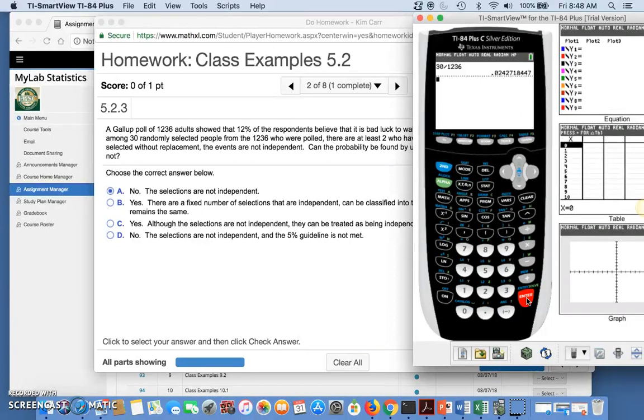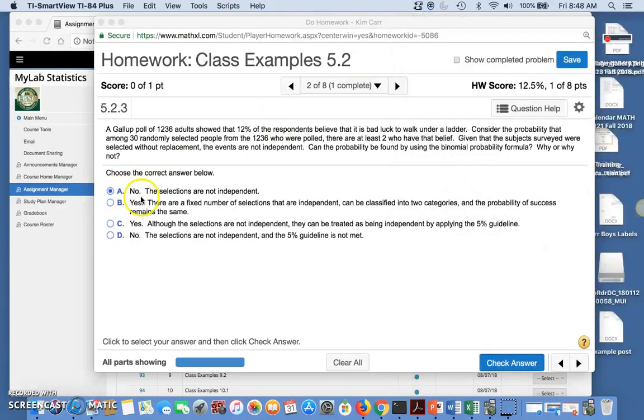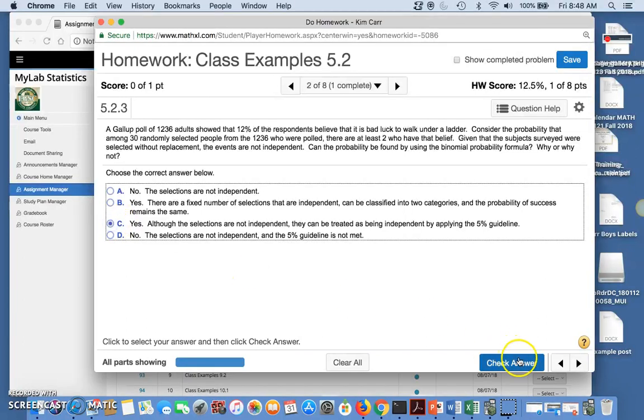That is less than 5%, so we can treat it as independent. So it's not independent, but can we use the probability formula? Yes. Although they're not independent, they can be treated as being independent by applying the 5% guideline. So you do need to check for the 5% guideline.